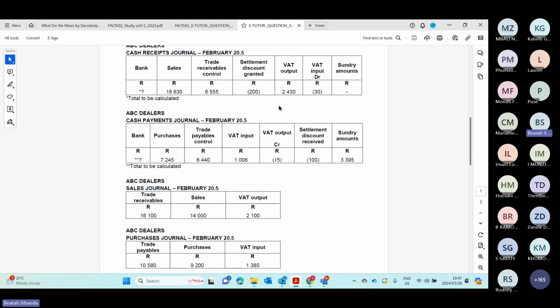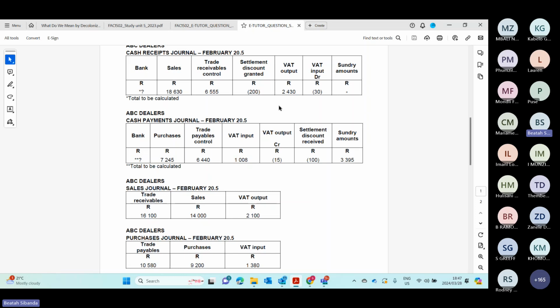If an amount includes VAT, let's say for instance you buy something for 1,150, and that 1,150 includes VAT, then to calculate VAT you use what we call a tax fraction, which is 15/115.